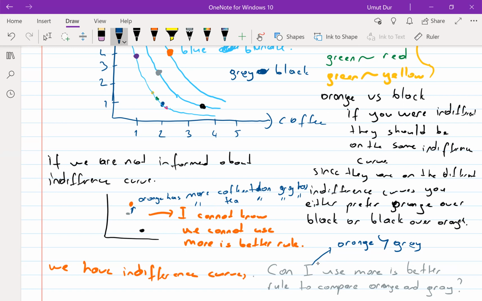Once I know they are on the same indifference curve, they are giving me the same satisfaction, right? Since they are on the same indifference curve, I am indifferent between them. Then if I turn back to here, I prefer orange to gray. This follows from more is better. This follows from the same indifference curve.